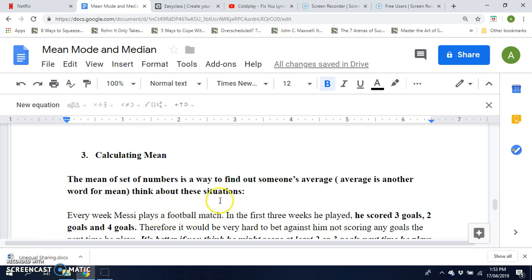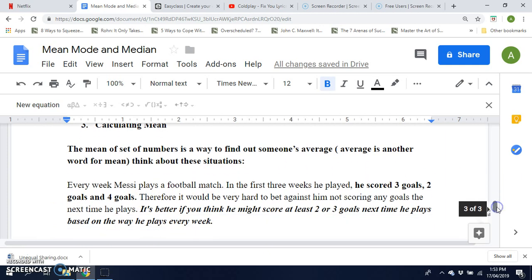Okay, so we watch football, and while watching football, we know Messi plays. For the last 3 times you watched Messi play, Messi scored 3 goals, 2 goals, and 4 goals. You are going to watch him another time, and if he doesn't score any goal, you're going to be surprised, because this man is scoring 3 goals, 2 goals, 4 goals.